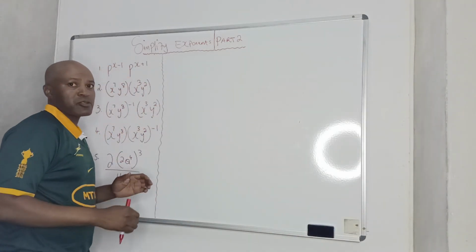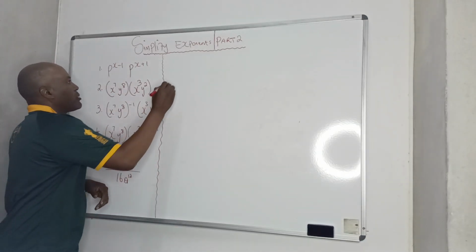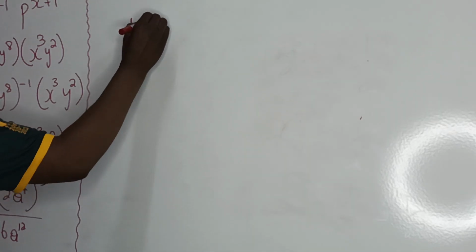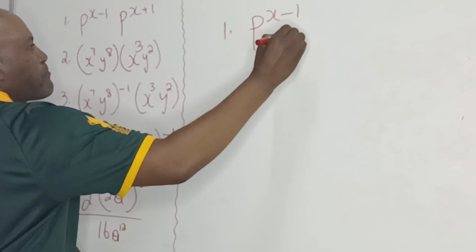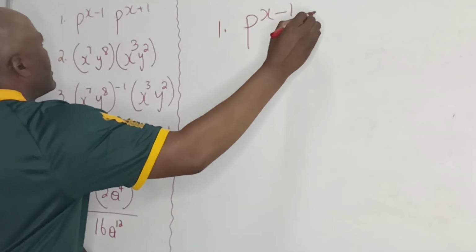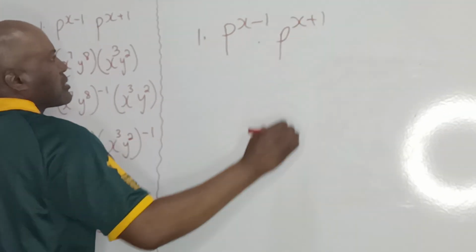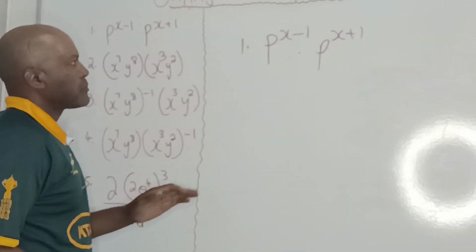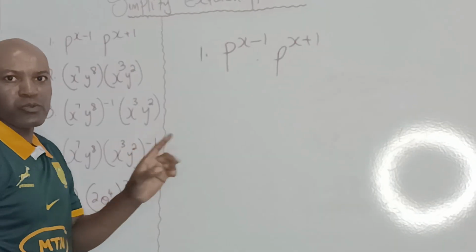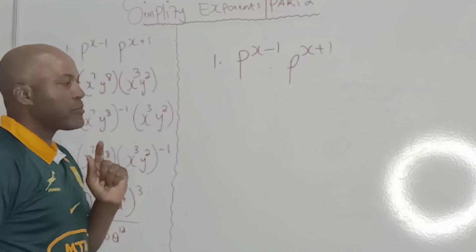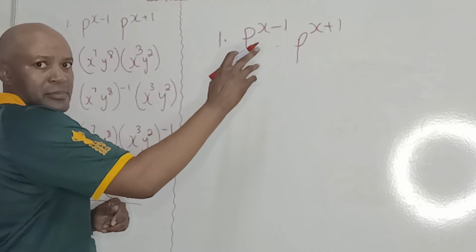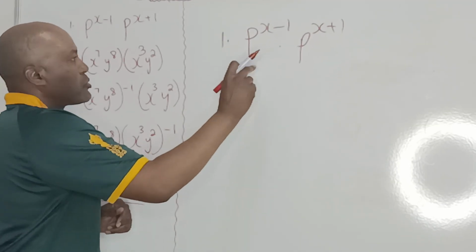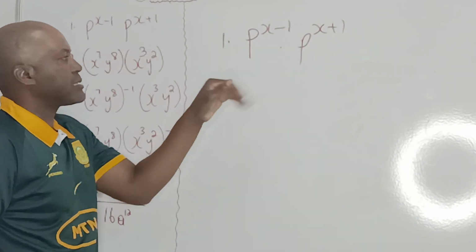Right, we are going to apply those rules. Number 1, we've got p raised to x minus 1 by p raised to x plus 1. Here we're going to apply rule number 1. Rule number 1 says if you multiply exponents of the same base, you take one base and add the exponents.